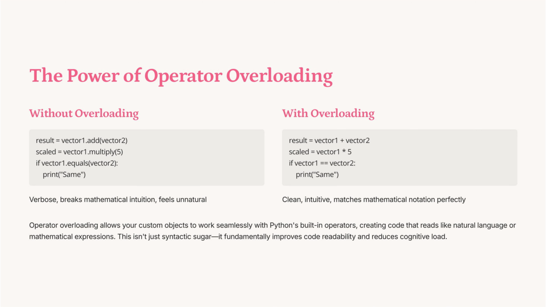Operator overloading transforms verbose operations like vector1.add(vector2) into intuitive expressions such as vector1 + vector2. This approach aligns with mathematical notation, enhancing code readability and reducing cognitive load. By enabling custom objects to interact with Python's operators, overloading creates cleaner, more natural code that feels intuitive and efficient.